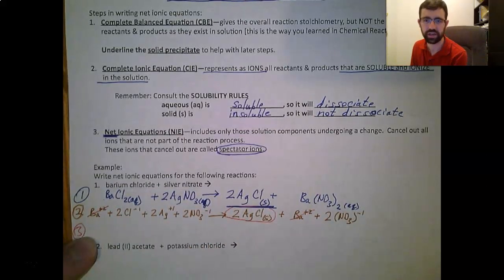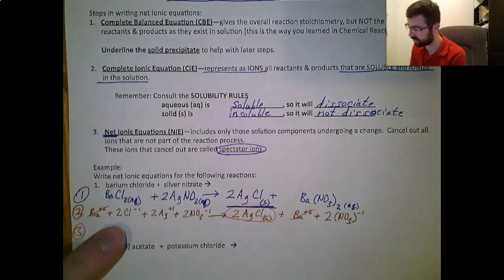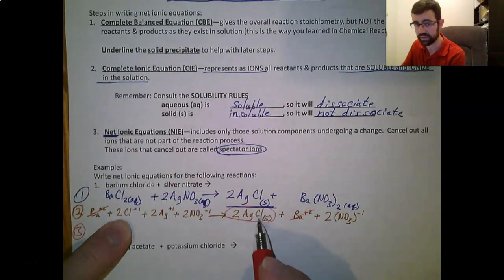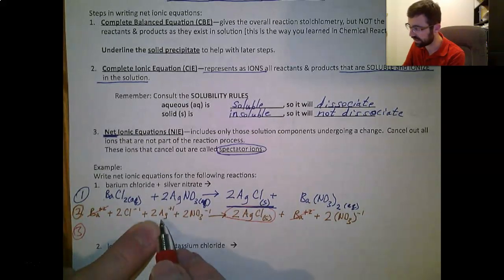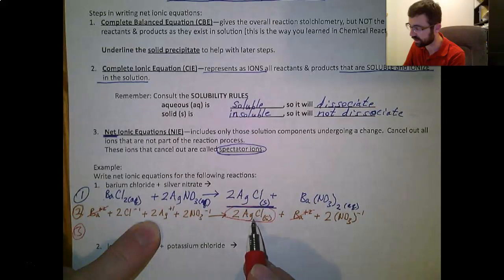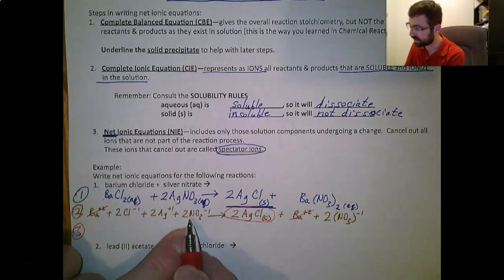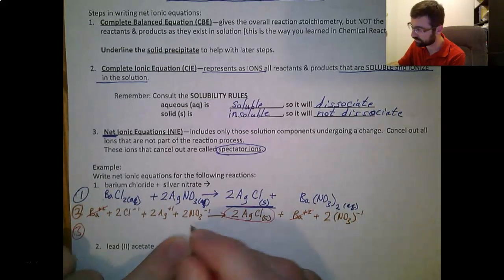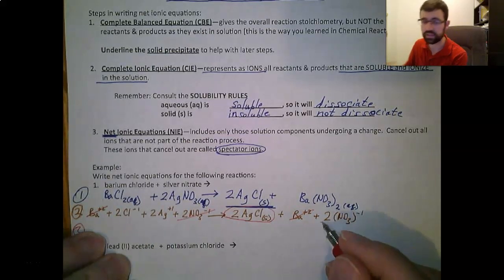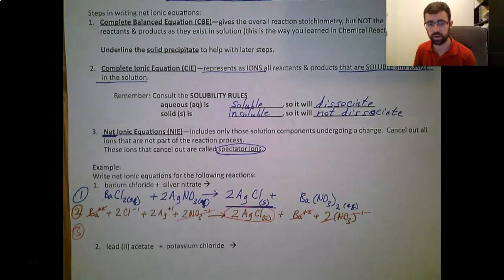It didn't really change. I have 2 chloride. That was part of making this solid, so I'm going to leave it alone. 2 silver. Well, that was part of making silver chloride, the solid. Then I have 2 NO3 and 2 NO3. Getting rid of those. And now we just want to write down the story.